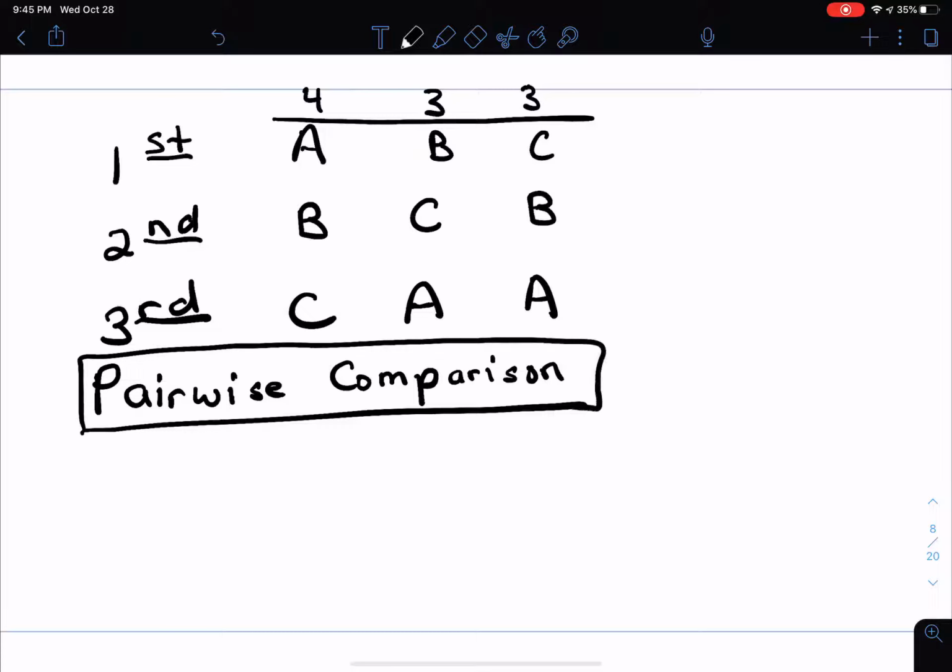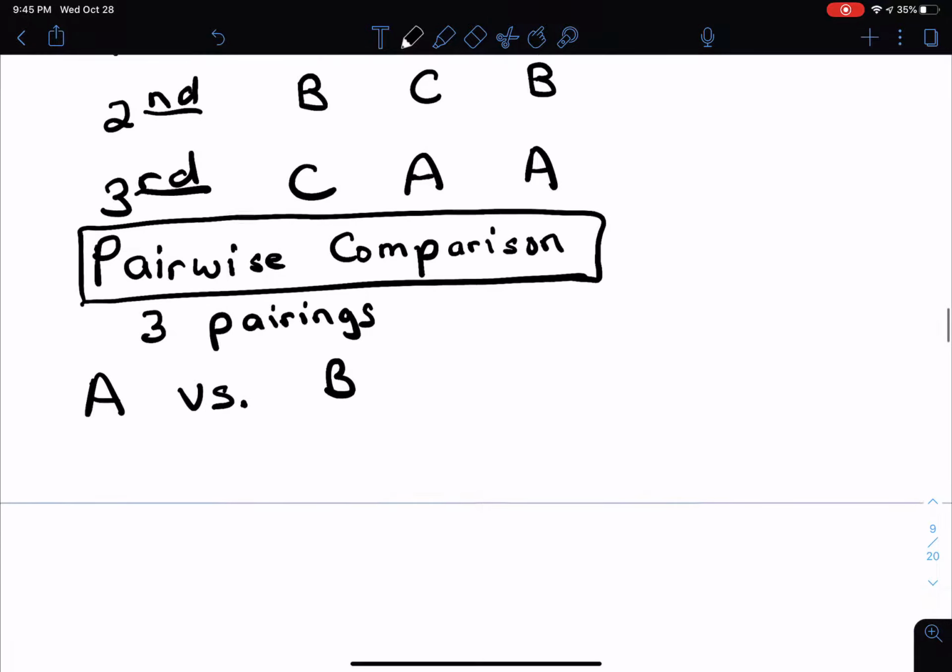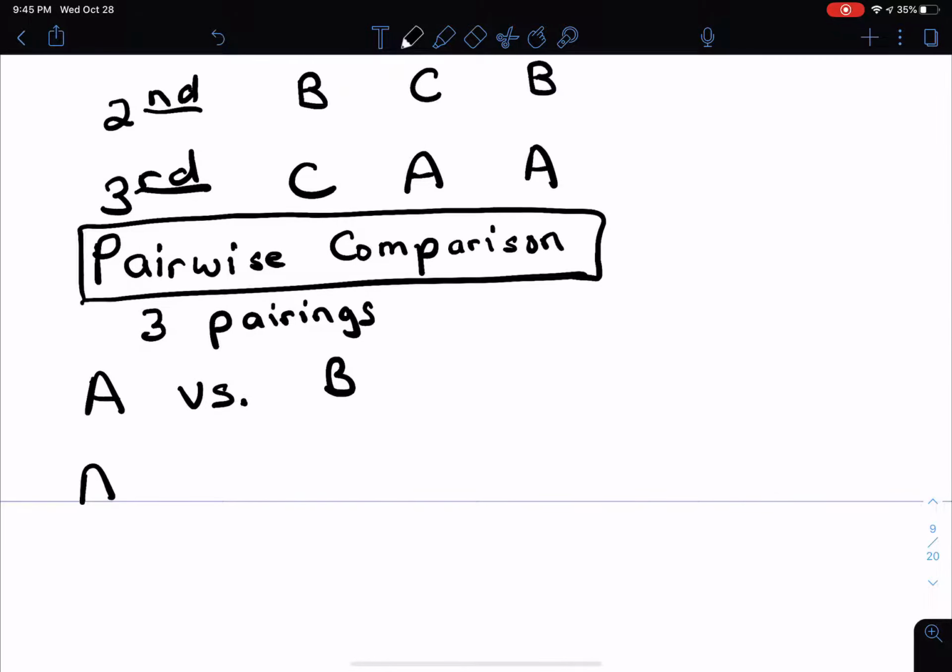That's why we're talking about this. Let's see, you have 3 choices to vote on. So that means you have 3 times 2, which is 6, divided by 2, which is 3 pairings you've got to worry about. You've got A versus B, A versus C, and B versus C.